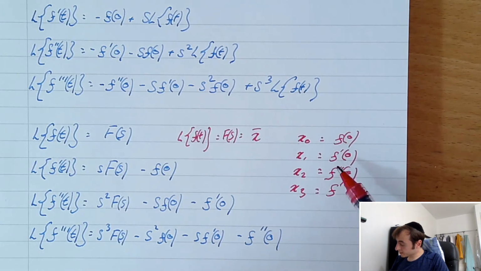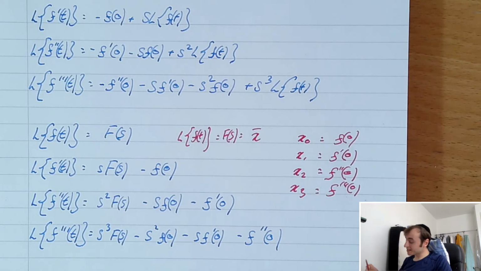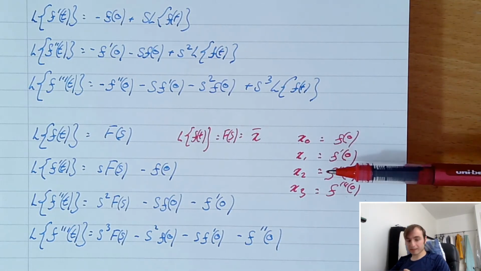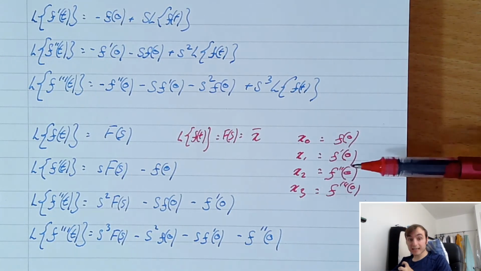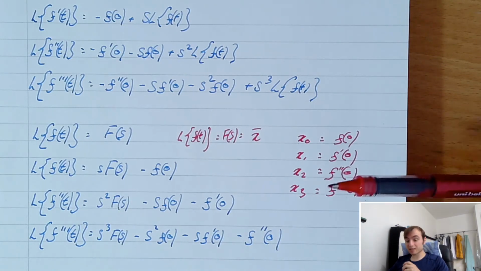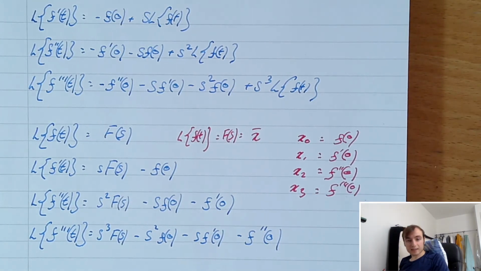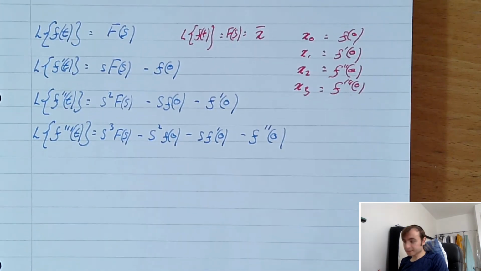If we introduce this notation, let's rewrite these equations. And what you should start to notice is that we're now starting to form a linear system of equations, and this is where the magic really comes in, to represent a nonlinear system of differential equations. So let's proceed.